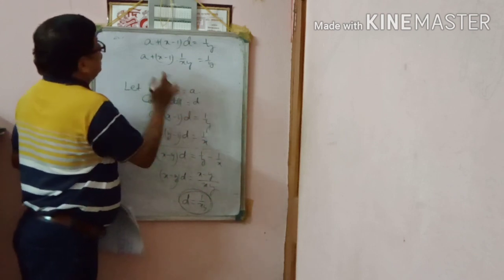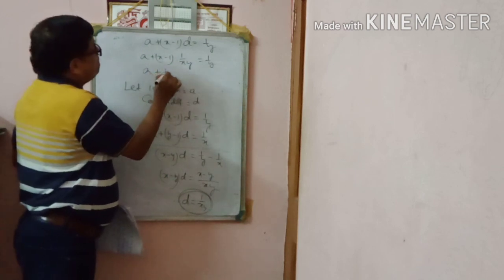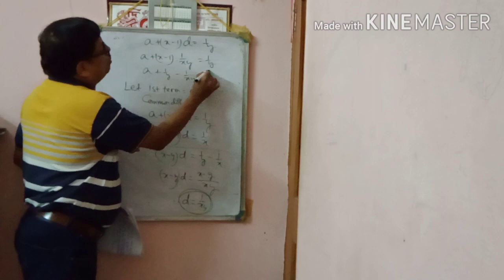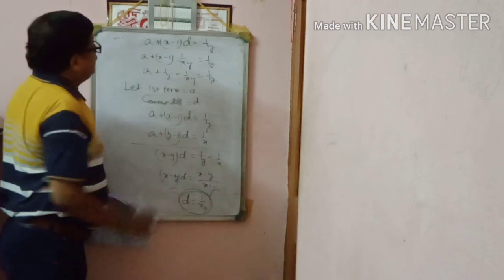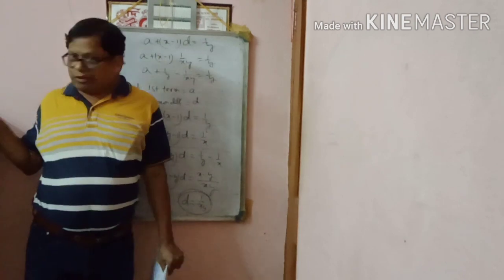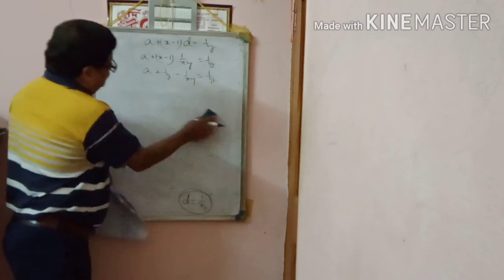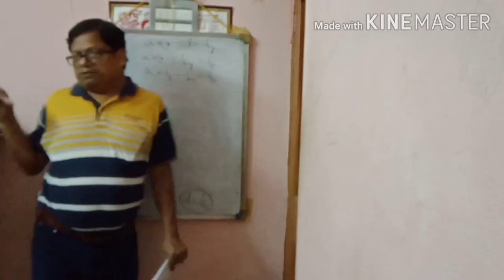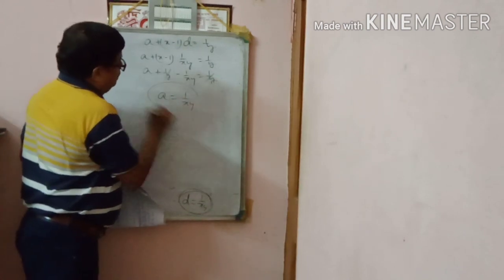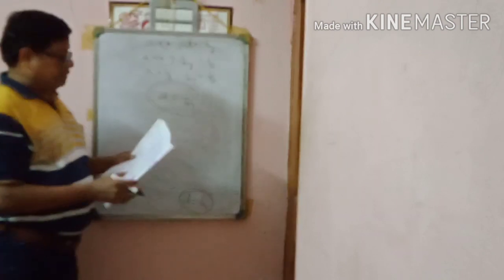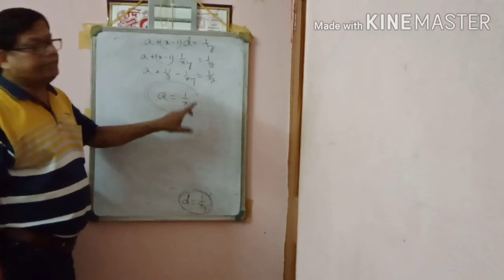Now a plus x into 1 by xy, 1 by y minus 1 by xy equals 1 by y. So this y cancels, so a equals 1 by xy. So d also 1 by xy, a also 1 by xy.